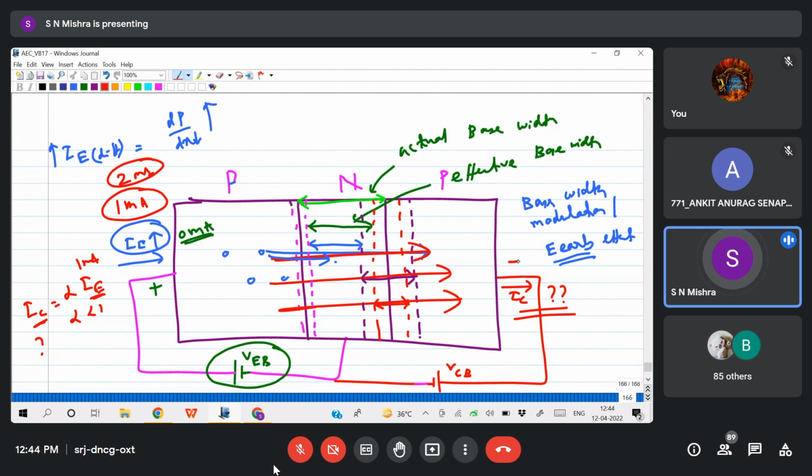So I am giving positive potential at the collector. So when holes are moving from here to here and see this positive potential, will they move towards the collector or will they repel from the collector side?